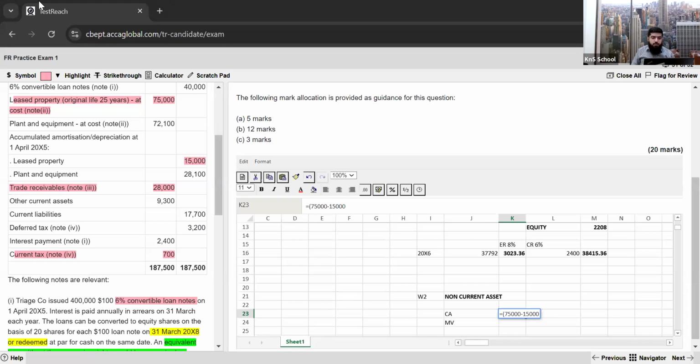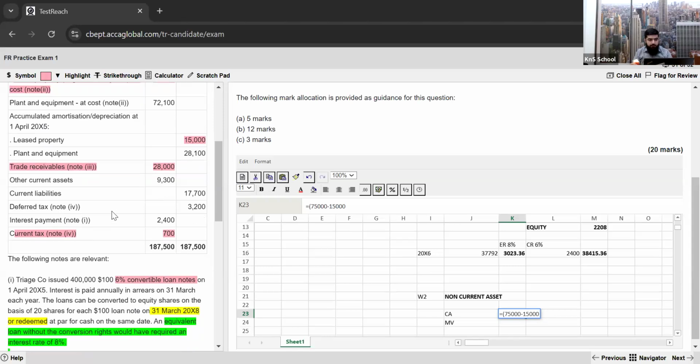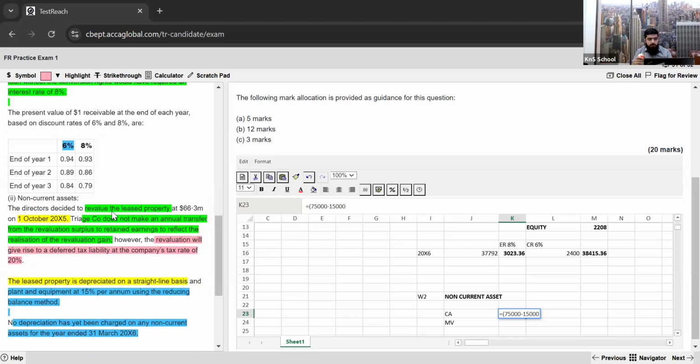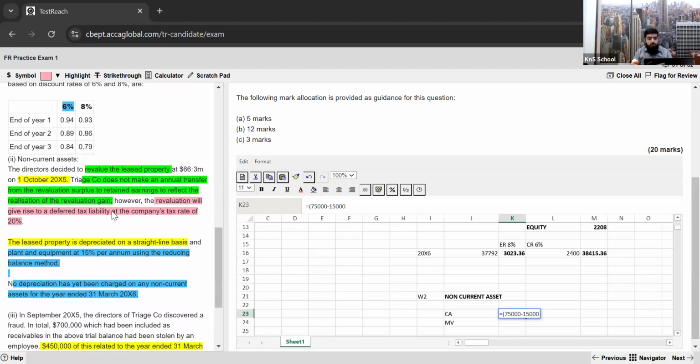Fatma, please calculate the depreciation again for the 6 months. We are revaluing the asset on 1st October, which means we are going to calculate the depreciation for 6 months.